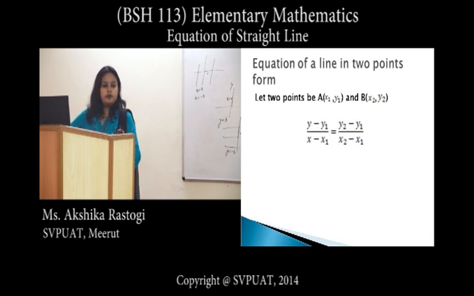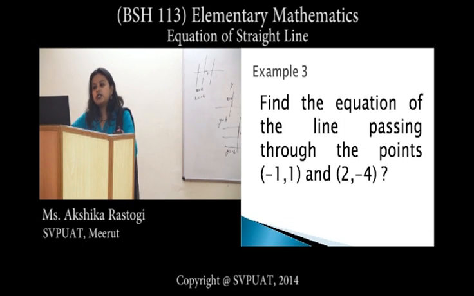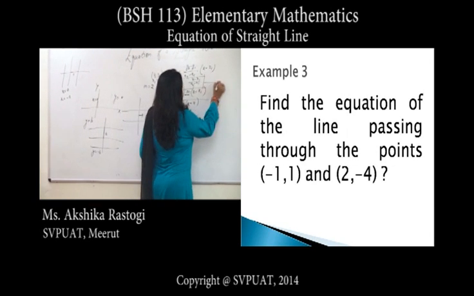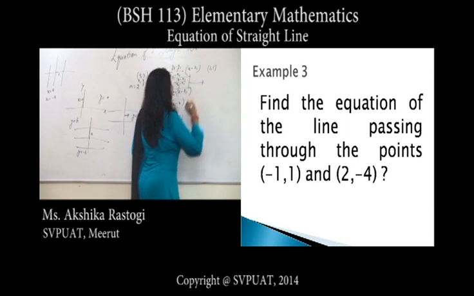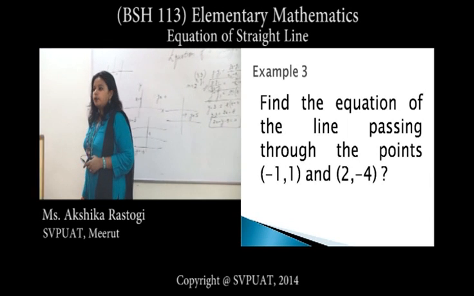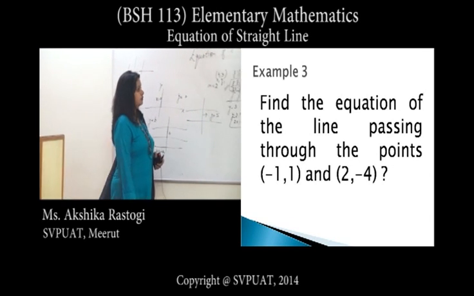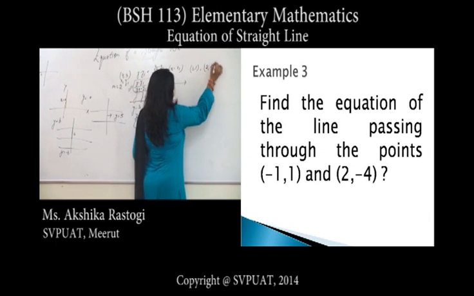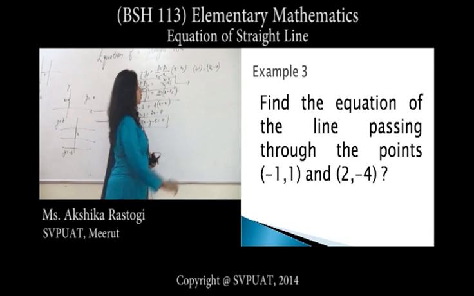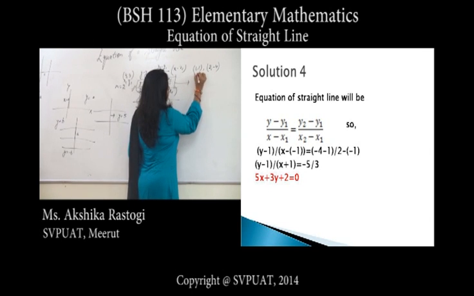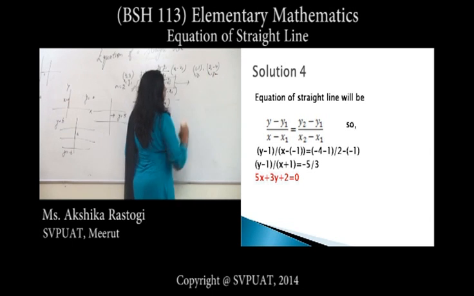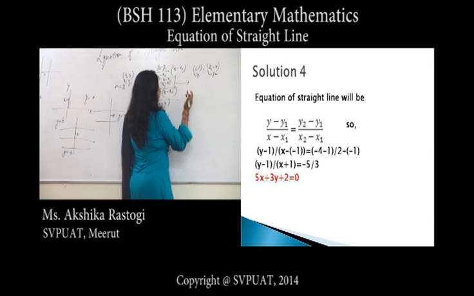We take an example from this. We have to construct the equation of the line passing through the points. The points given are 1, 1 and the second point is 2 and minus 4. So this will be the values of x1, y1, and this will be the values of x2, y2. What is our standard equation?